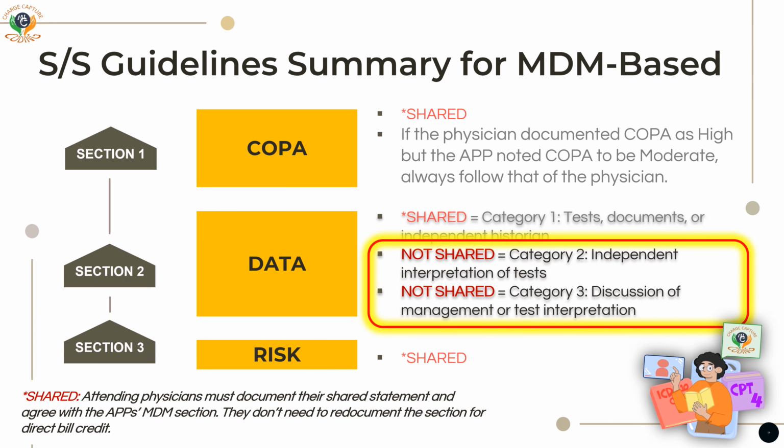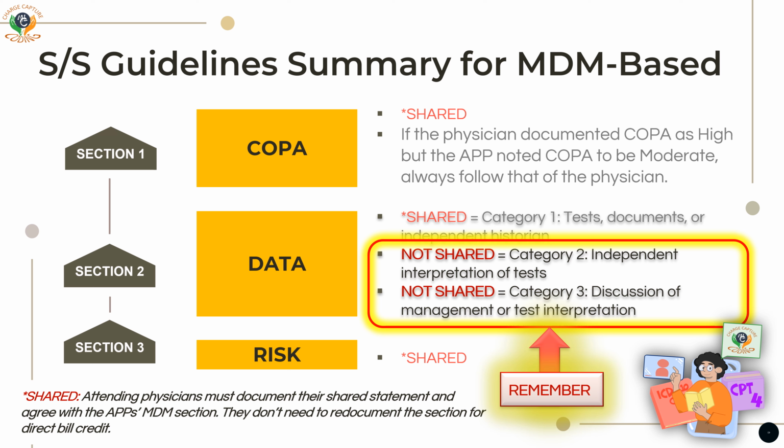So remember, Category 2 or 3 dictates who bills for the service if both providers have MDM level of service documentation. So if the attending's TPA contained any of these categories, the interpretation or the consult, we bill the credit of the EM visit to that attending and append the modifier FS to indicate a split shared EM visit.